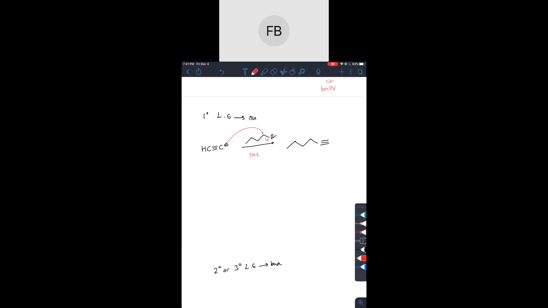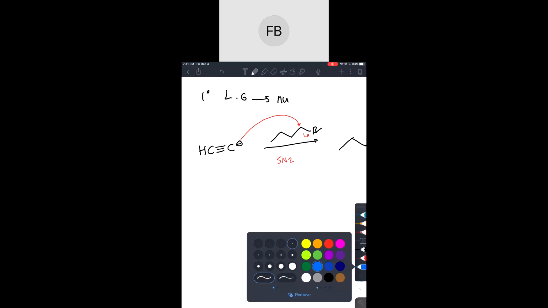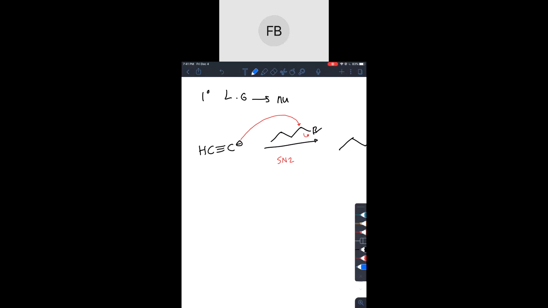Now, the one thing that I would caution about here is your carbons. If you're someone who doesn't do well with counting carbons, it's very, very important to count your carbons because you will get points off for that. So I like to count the number that's on here. That's 1, 2, right? And then on this molecule, we have 1, 2, 3, 4 carbons.